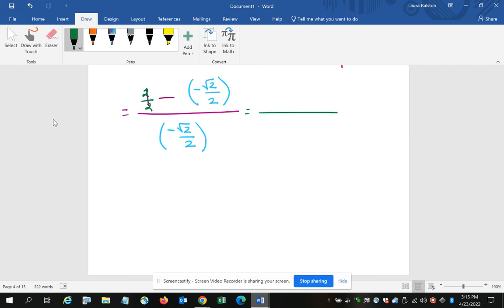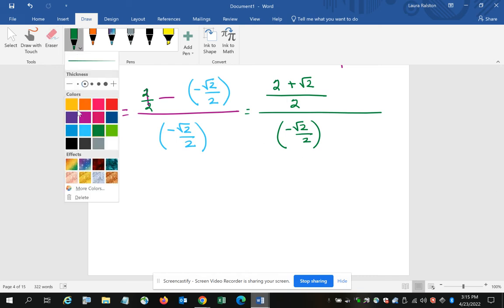So we have 2 minus a minus is a plus square root 2 all over our common denominator of 2 divided by negative square root 2 over 2. So you basically have a fraction divided by a fraction. To do that, we're going to flip and multiply.